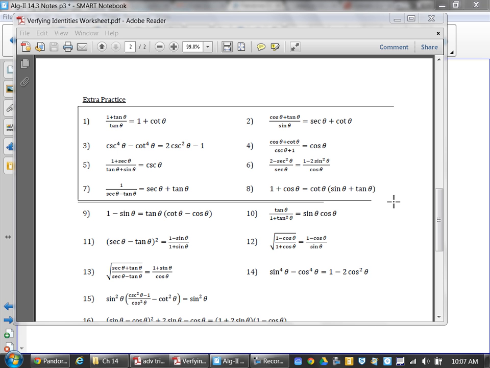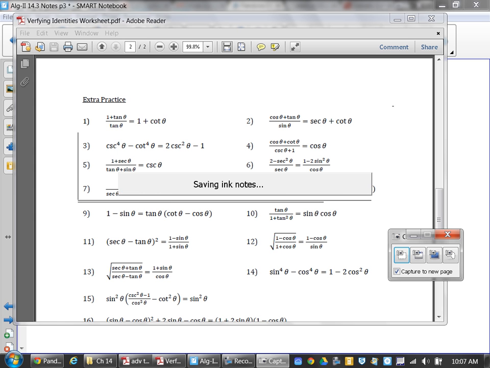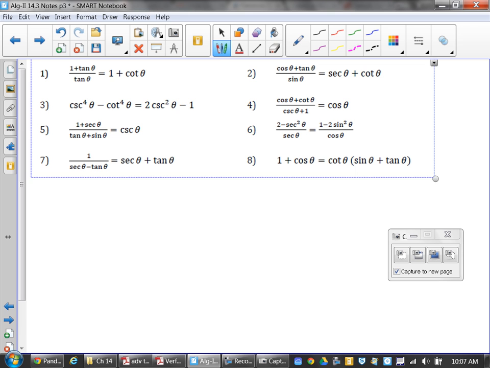Let's do the first 8 on the back, 1 through 8. Those are the simplified and verify ones. But the ones I want you to look at as far as equations are concerned are on page 859, back in section 14.4, number 1 through 3.